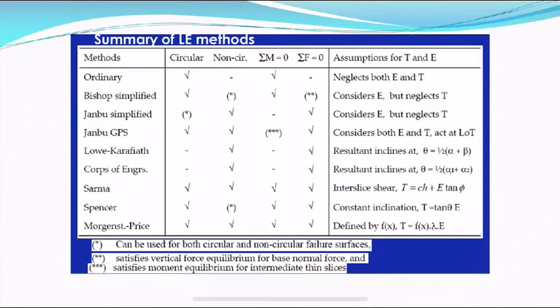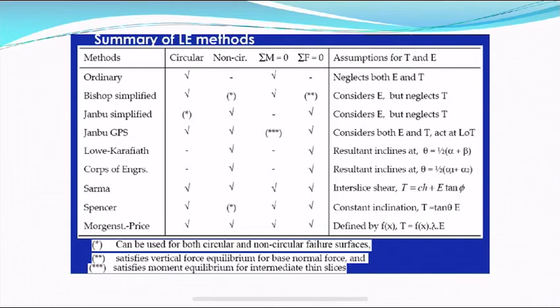For example, in the case of the ordinary method of slices, a circular failure surface is assumed and moment equilibrium is considered, and in this method the interslice forces, that is the normal forces acting perpendicular to the vertical sides of the slice, as well as the tangential forces, are neglected.